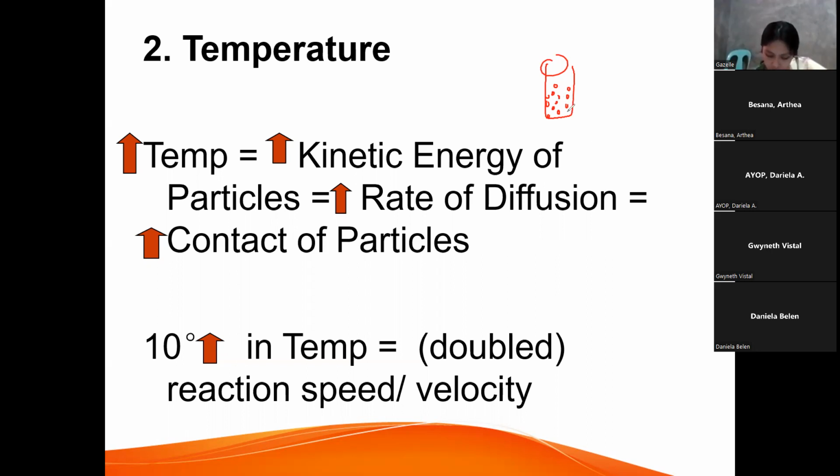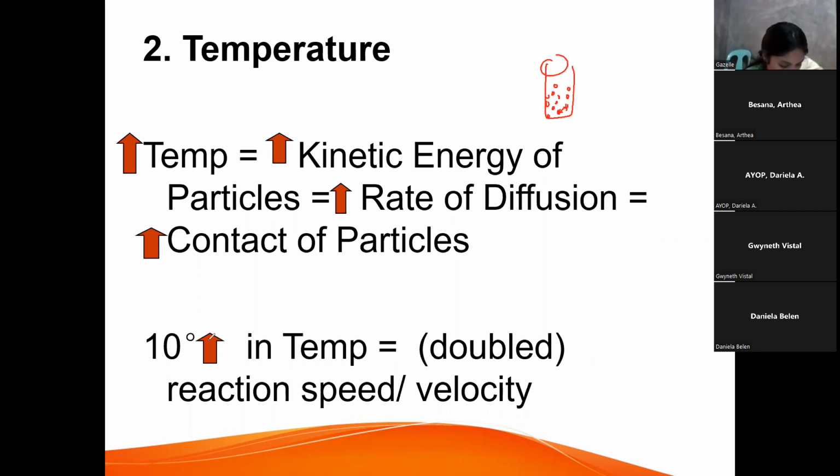And since they're constantly moving, malaki yung chance that they will have contact with each other. And pag magko-contact sila, mangyayari ang chemical reaction. Yes, magiging mas hyper yung ating molecules niyan pag mataas yung kinetic energy. And then again, mas mataas yung chance na magkakaroon sila ng contact. Sabi ko kanina, pag nagkaroon ng contact ang isang molecule sa another molecule, mangyayari yung chemical reaction. So definitely temperature is another factor that affects the rate.